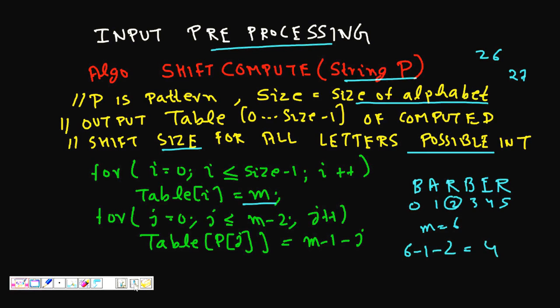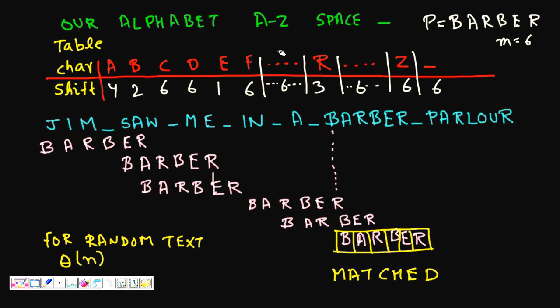Okay, let's try to see this. So here is the table. Barber is our pattern. We have the table for all the alphabets A, B, C, D, E, F, G till Z and a space. Now, A occurs where? Here, so its position J is equal to 1. M is 6. So 6 minus 1 minus J is equal to 4.